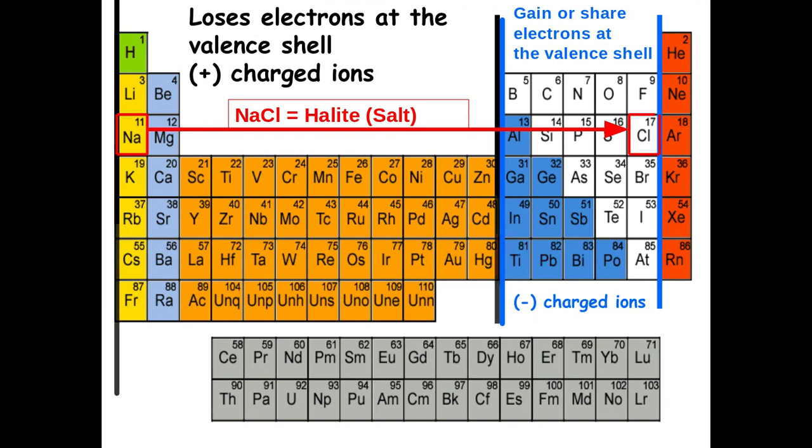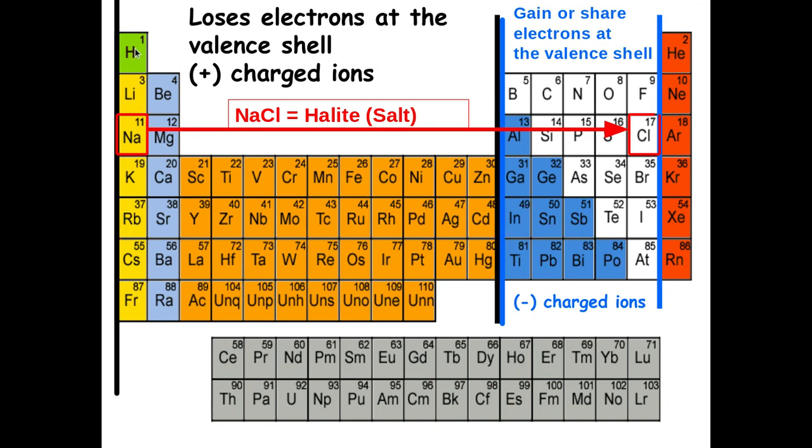So here we can also look at how we can predict chemical combinations or various compounds in mineralogy just by using the periodic table. For example, in our example, sodium chloride with halite, we see that sodium is in group 1, which means it has one electron in its valence shell.